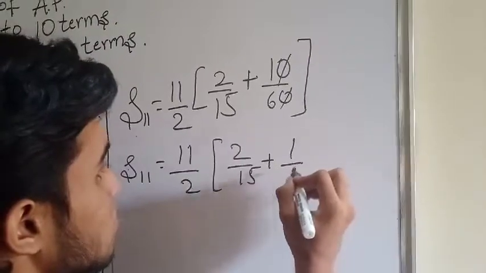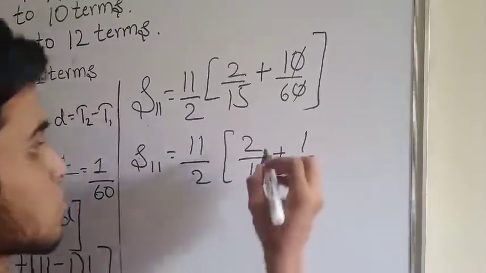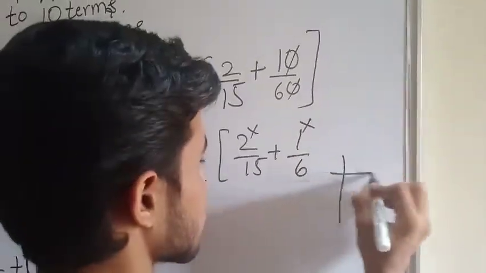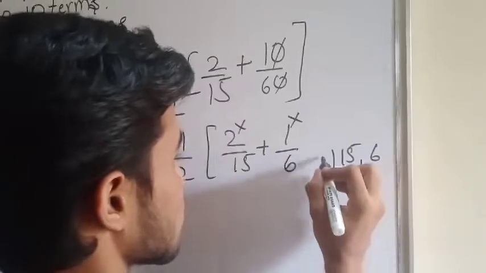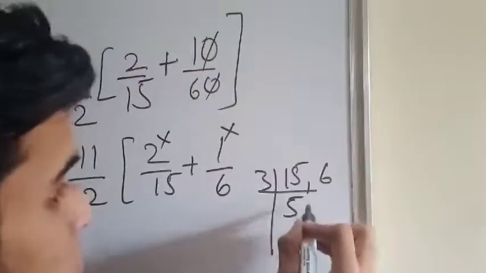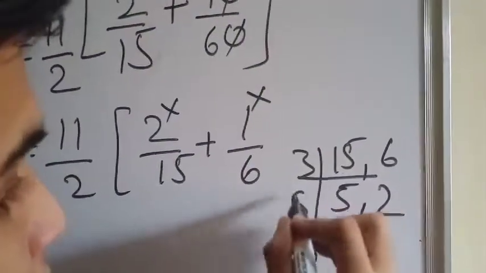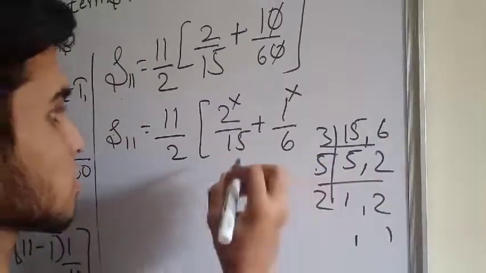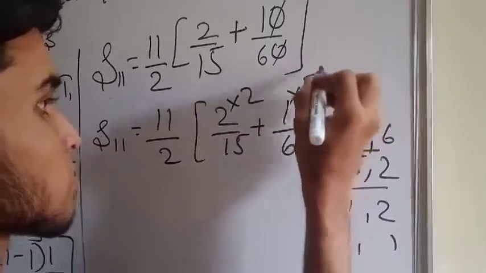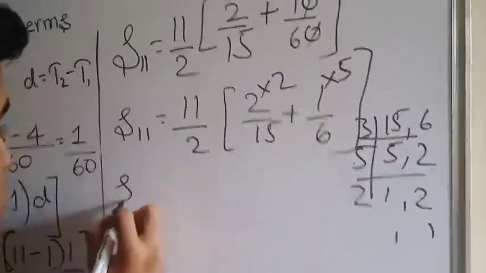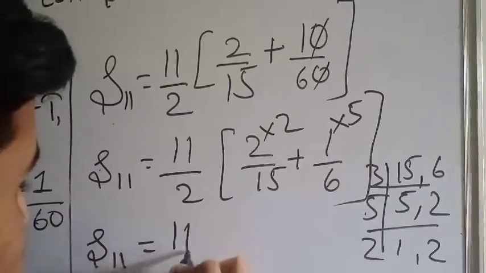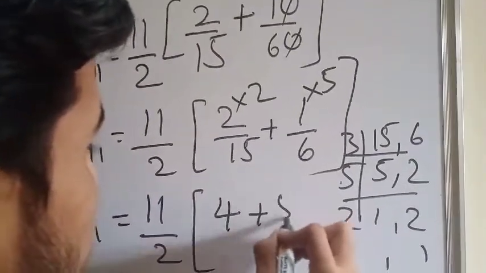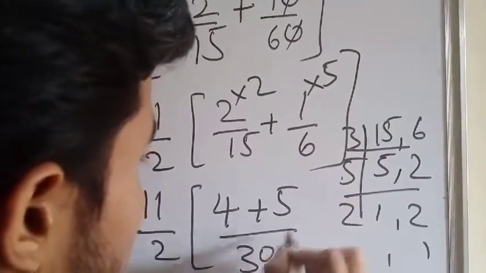The 0 and 0 cancel. In the square bracket, you take the LCM. The LCM of 15 and 6 is 30. So 11 by 2 into the bracket: 2 twos are 4 plus 1 five is 5, divided by 30.